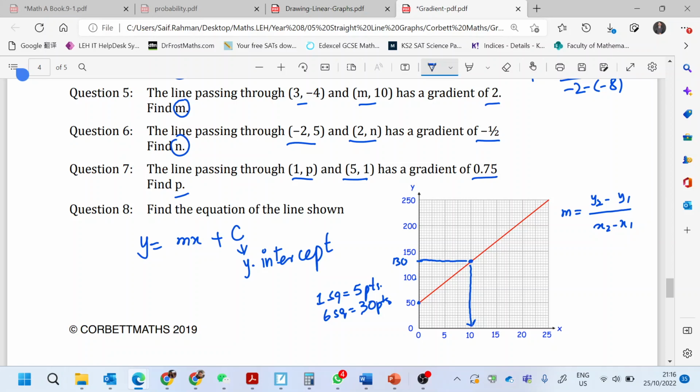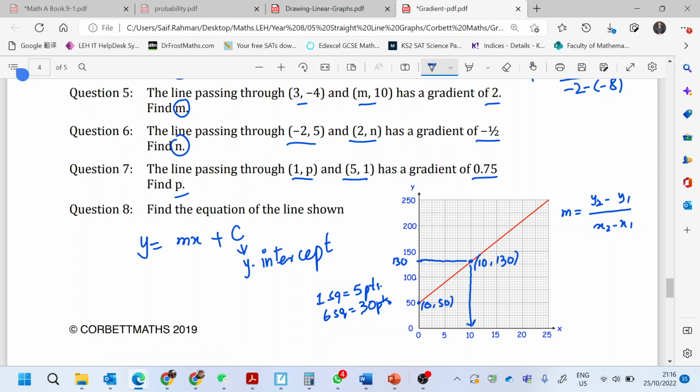For this point we already know that the y-axis is 50 and the x-axis is 0. So the point here is 0 and 50, and the point here on the x-axis is 10, and on the y-axis it is 130.